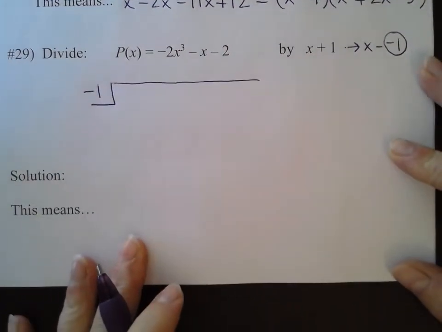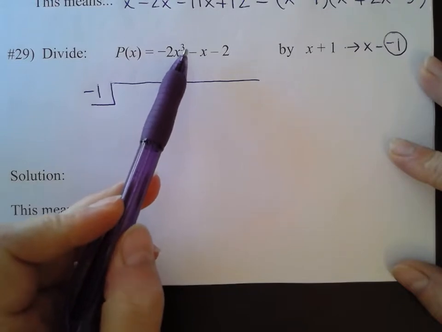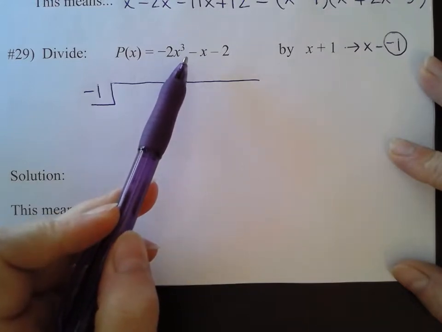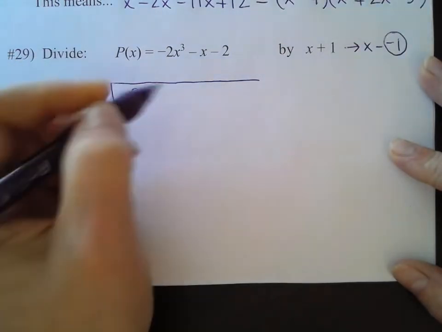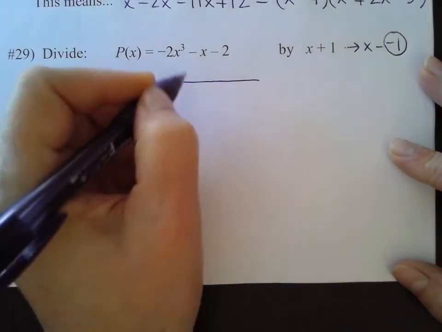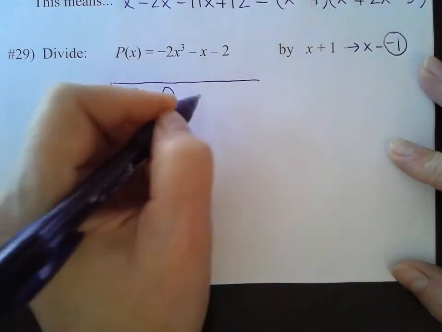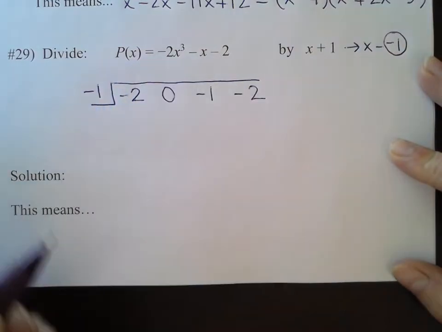Now we're going to notice that there's a missing x squared term right here. So when we list the coefficients, we have -2. We're going to put in a 0 to hold the place for x squared. This minus here is a -1, and then -2.